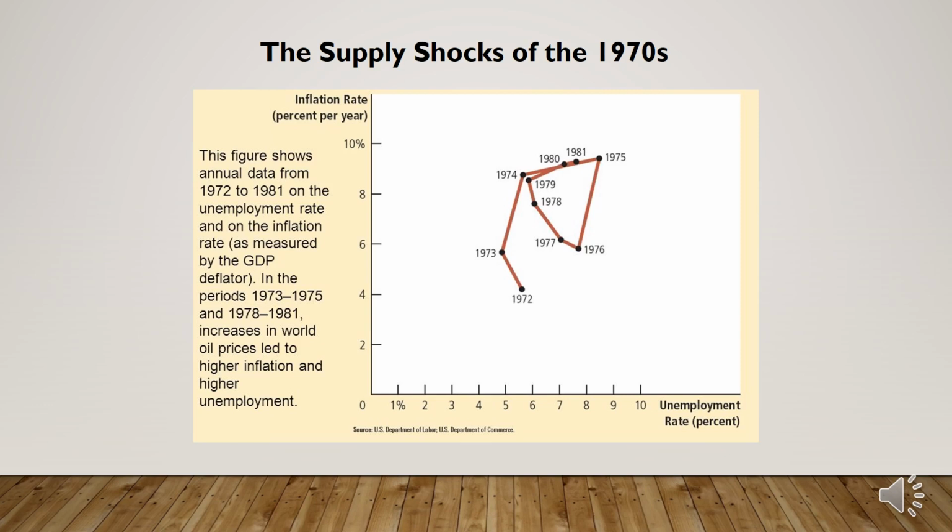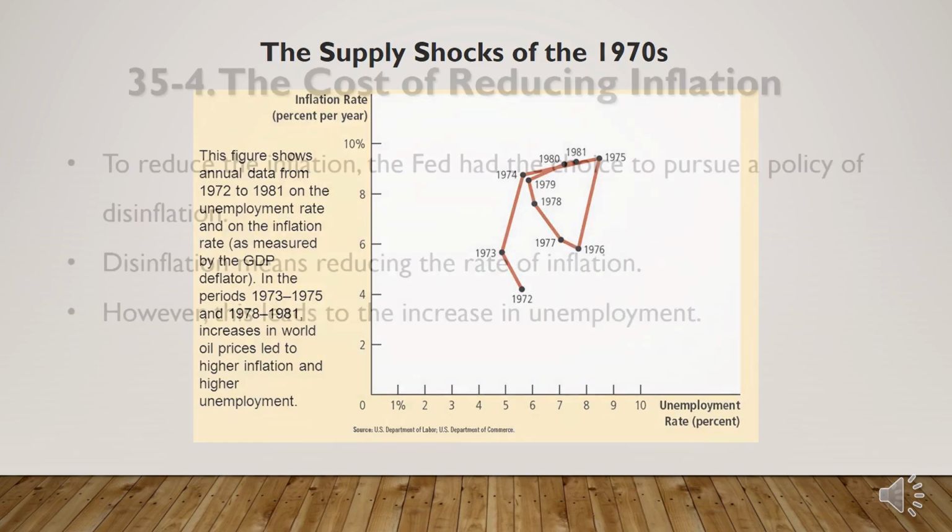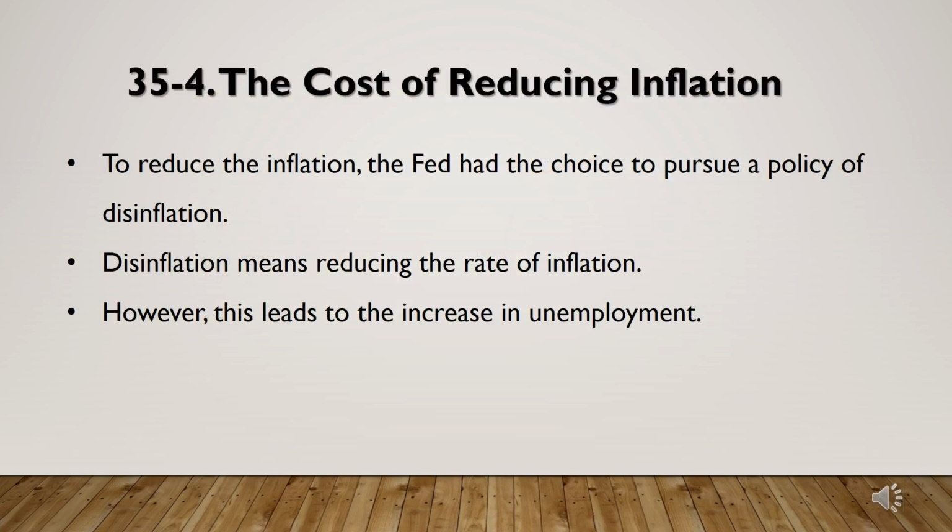The problem was compounded in 1979 when OPEC once again started to exert its market power, more than doubling the price of oil.